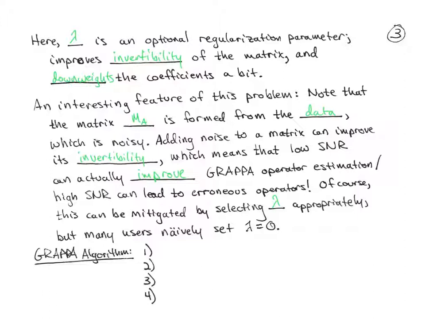Okay, so let's put this all together. In the GRAPPA algorithm, we first compute the GRAPPA operator from the calibration region. Then we compute the missing data from the GRAPPA weights.